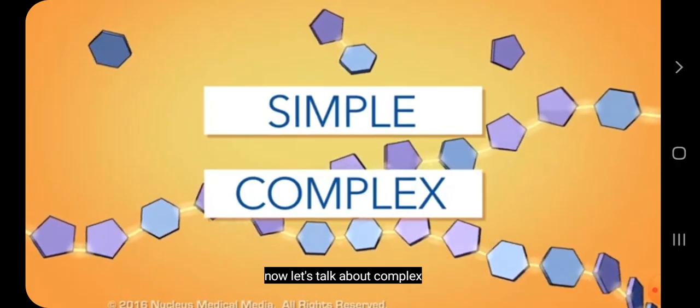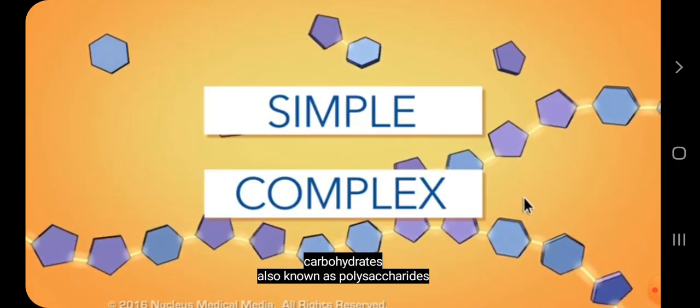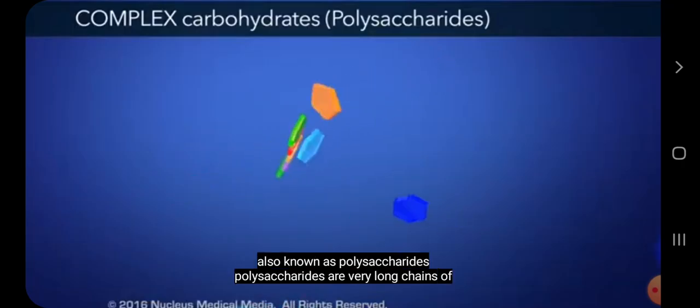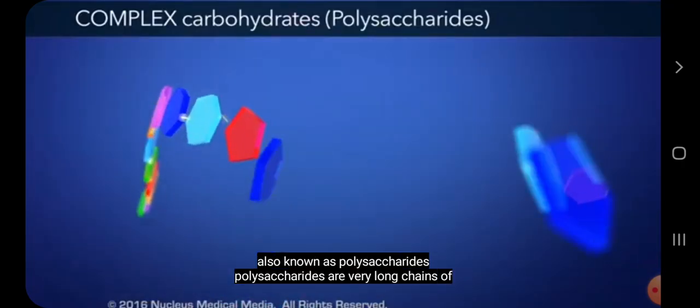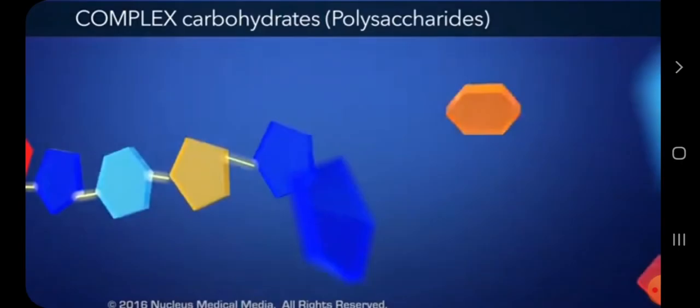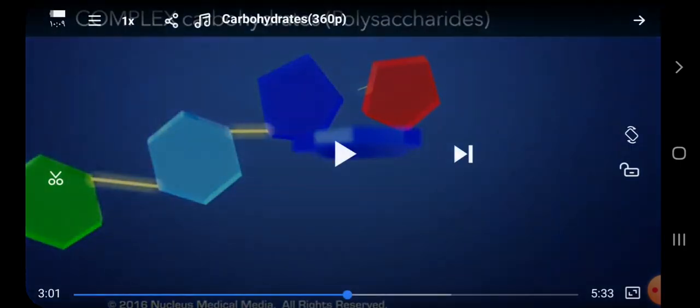Now let's talk about complex carbohydrates, also known as polysaccharides. Polysaccharides are very long chains of multiple monosaccharides together.